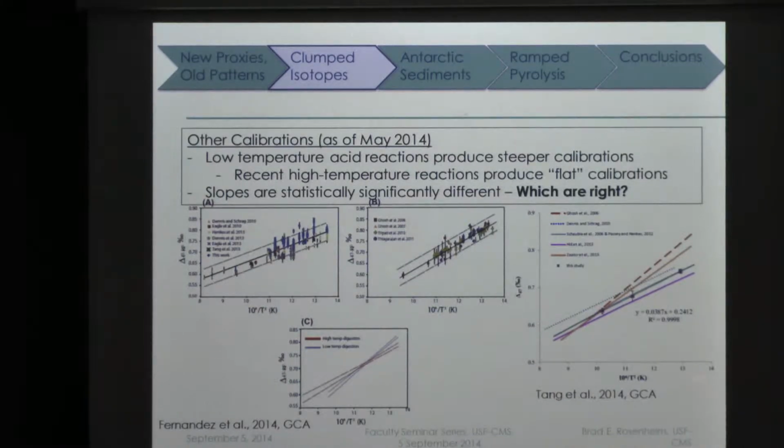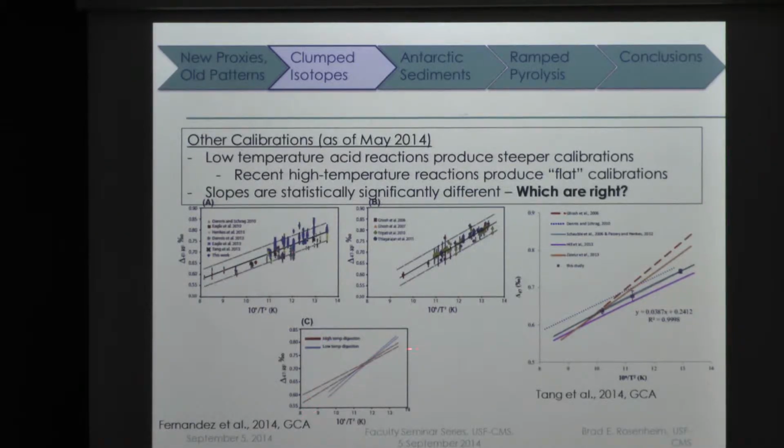I just had a student, Alvaro Fernandez, publish a paper where we started to look into the reasons for this growing cloud of data that's starting to move away from that original calibration line. He actually did his own calibration on the mineral siderite, which is a mineral made of iron carbonate, and it's not been used very widely as a paleothermometer because it's difficult, but it's available in deep time, and it could be potentially useful for us.